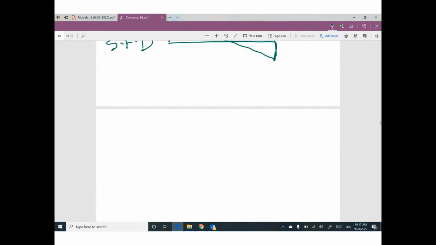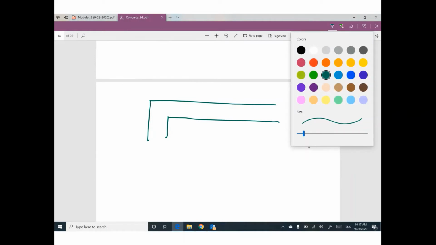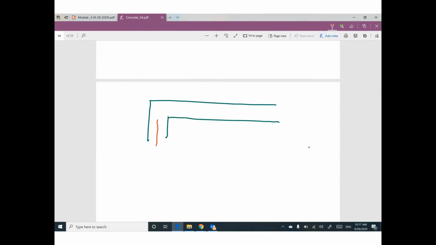You have a beam that looks like this. This column supports your beam with a reaction. This beam has uniform distributed load. What do you think? The uniform distributed load would like to push this beam down. That's right.